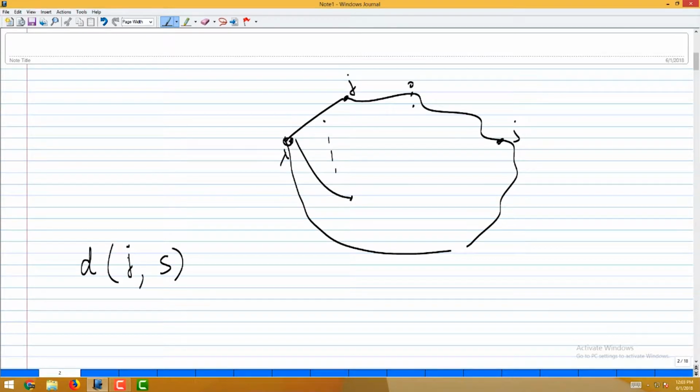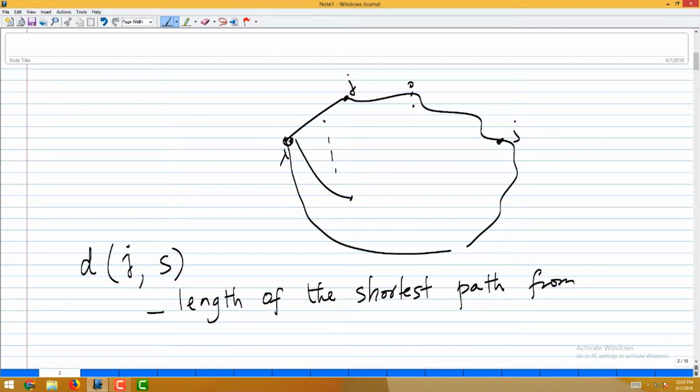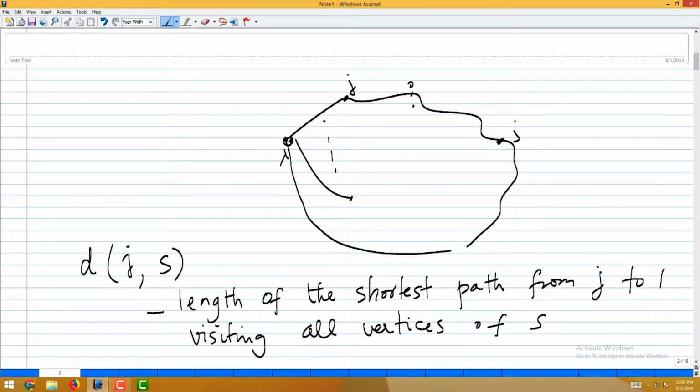So, I am going to define this as the length, distance, cost, whatever; I am going to be using these interchangeably. It is the length of the shortest path from j to 1 visiting all vertices of S. So, S would be a subset of 2 to n and it contains j.